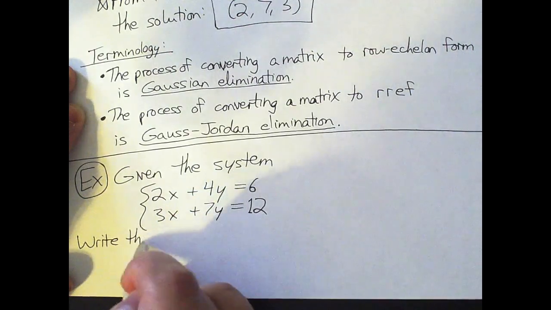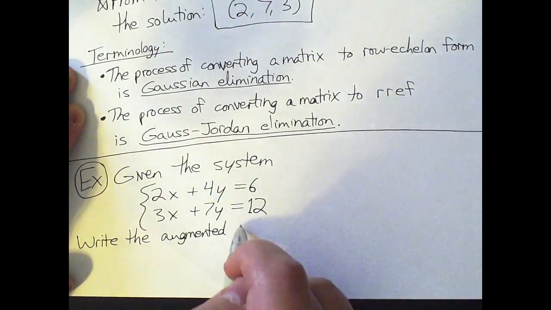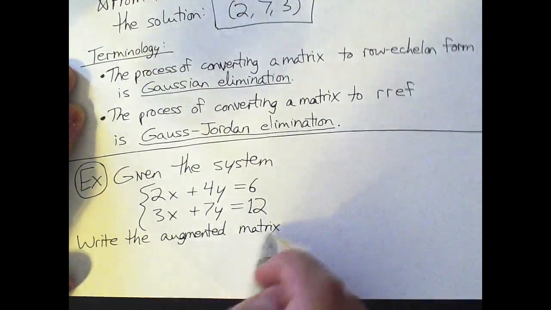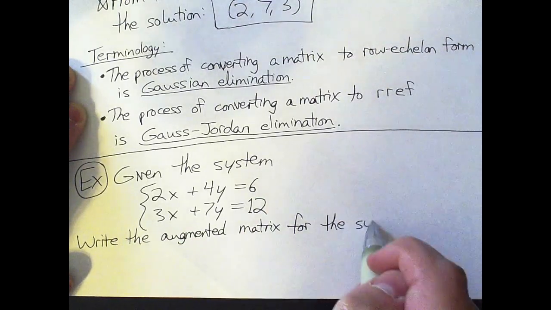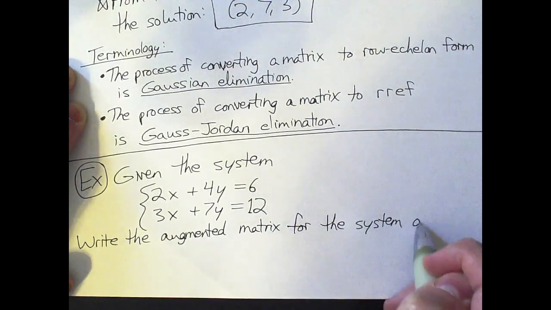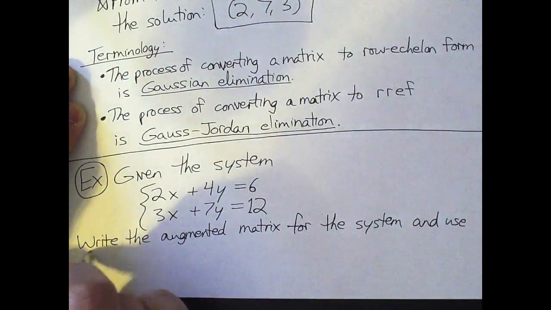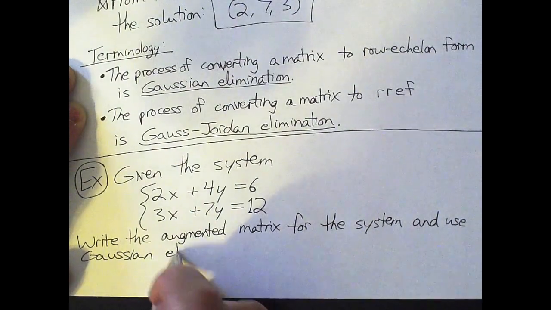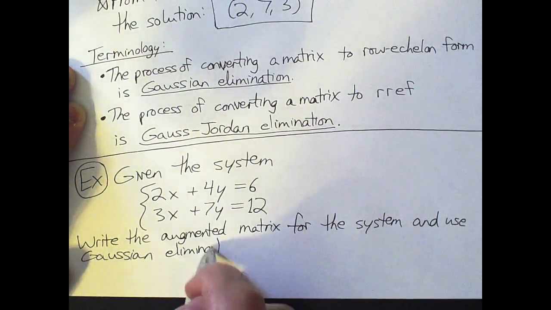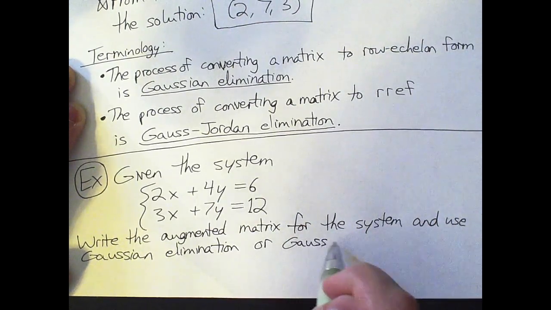I want you to write the augmented matrix for the system and use Gaussian elimination or Gauss-Jordan elimination.